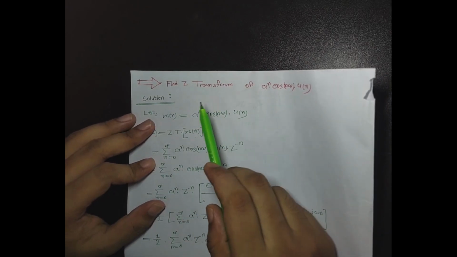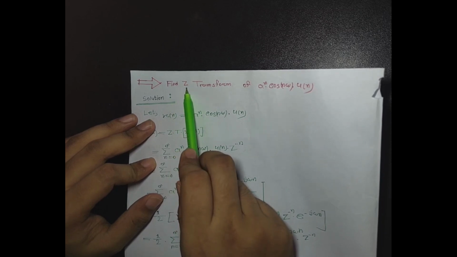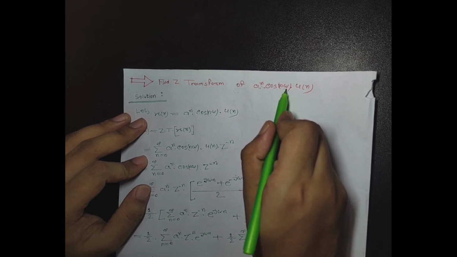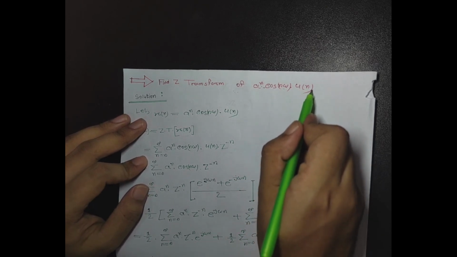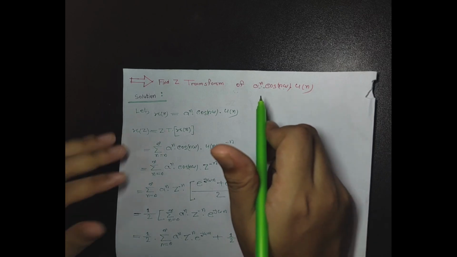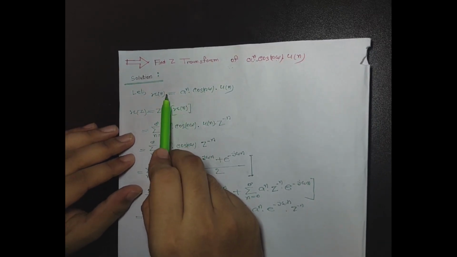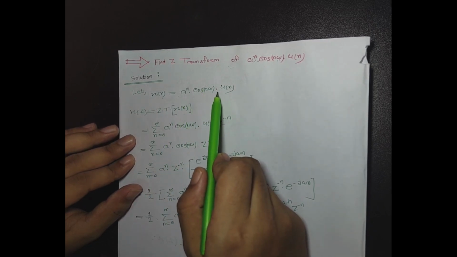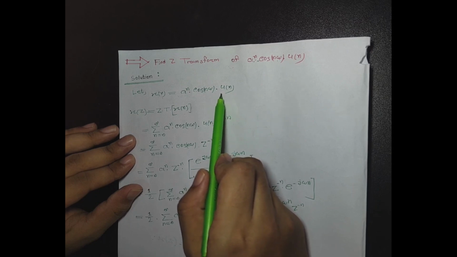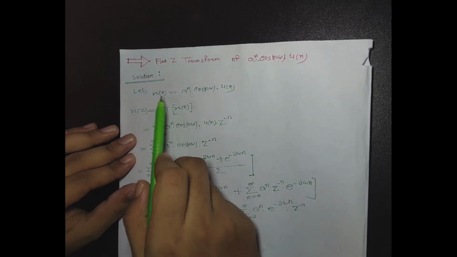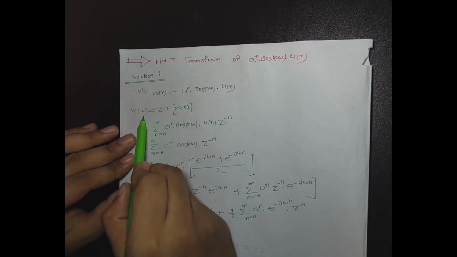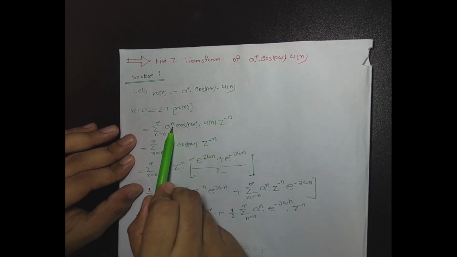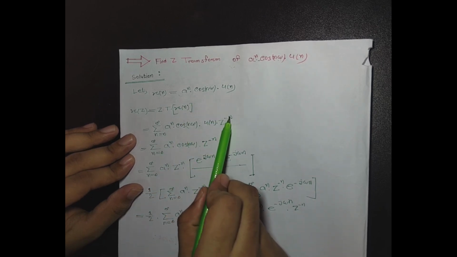Now another problem: find the Z transform of a to the power n cos(nω) into unit step signal. Now let x(n) equal a to the power n cos(nω) into unit step signal. The Z transform of x(n) means n equal to 0 to infinity x(n) z to the power minus n.